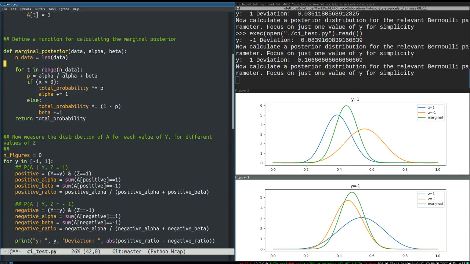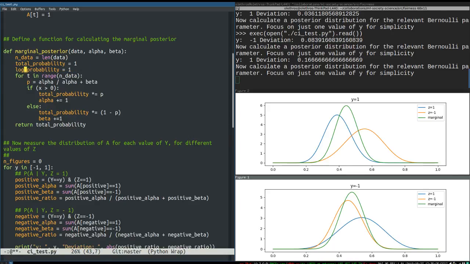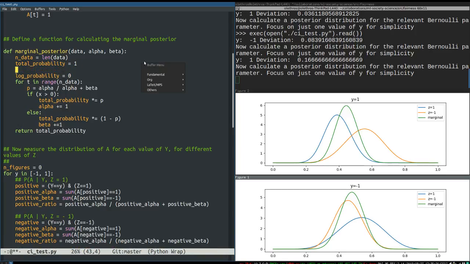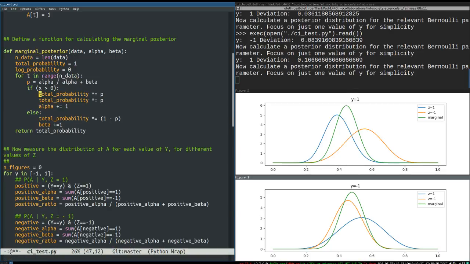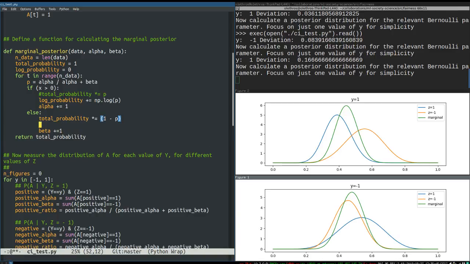So what we usually do is set log probability equal to 0, remove this one, and say log probability plus equal to log p. That's the log probability.